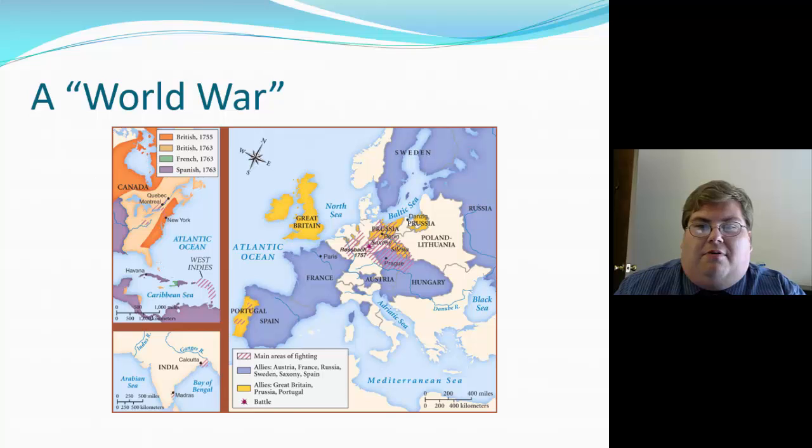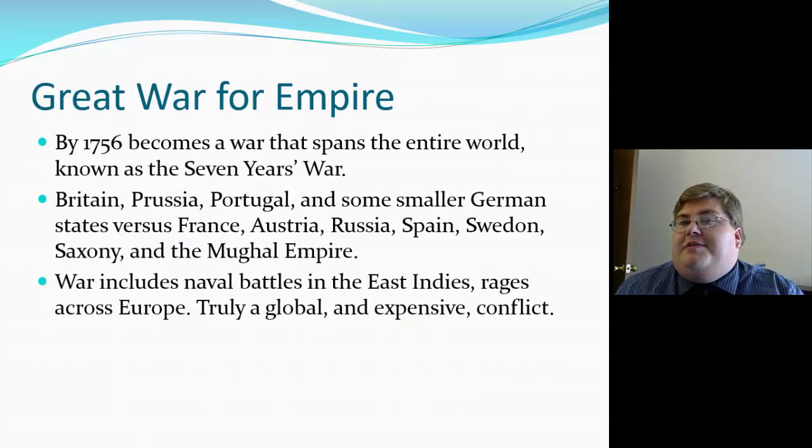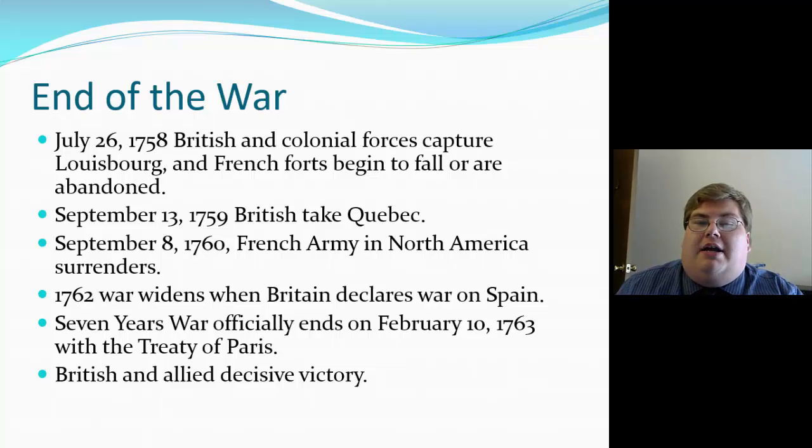If we click back to our World War map, Sweden, Russia, all of these people will eventually contribute money, arms, or advisors to the American colonies. Britain is inadvertently creating allies that are only too willing to take advantage of a chaotic situation brought about by the American Revolution.